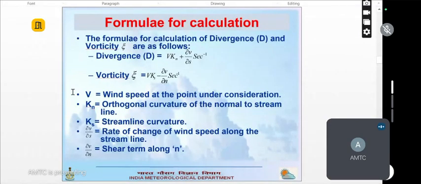So in any atmosphere, the shear along the wind doesn't have a symmetrical value. It can be anything, but you should understand there are shear terms, a change of wind speed.